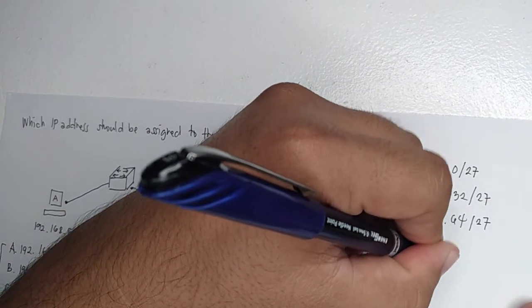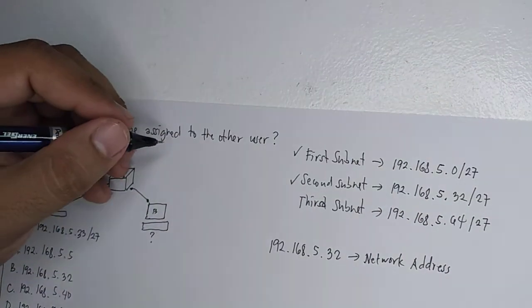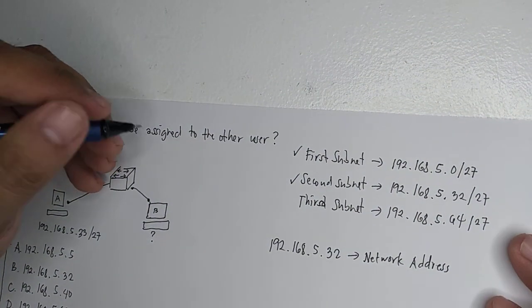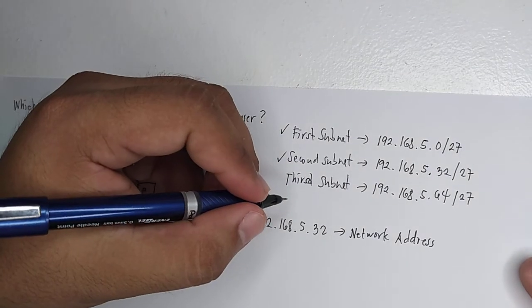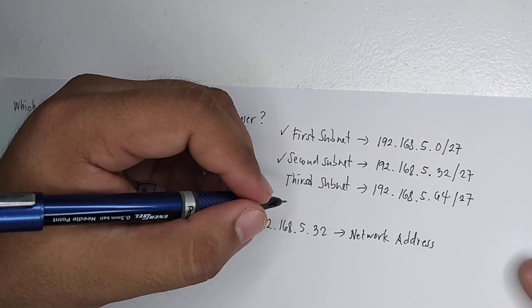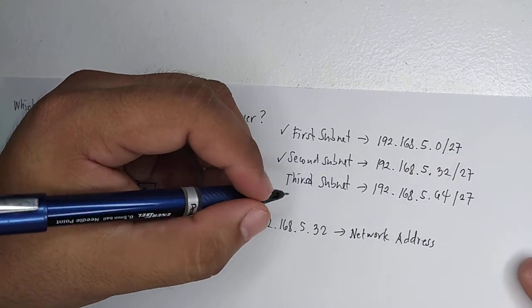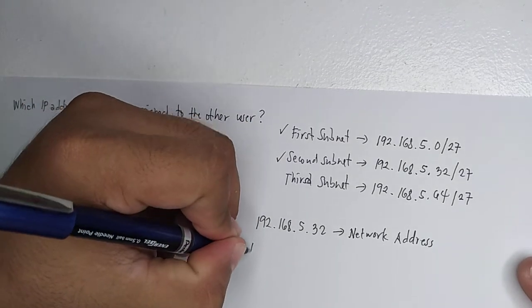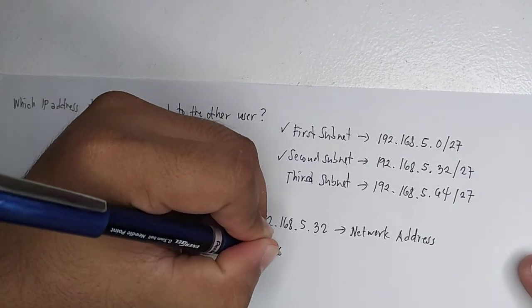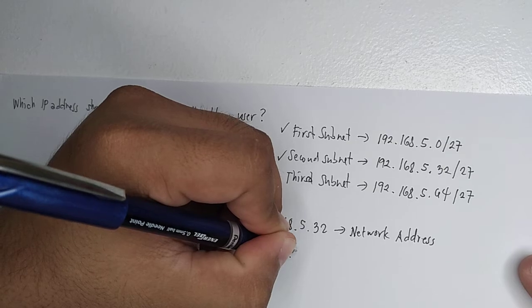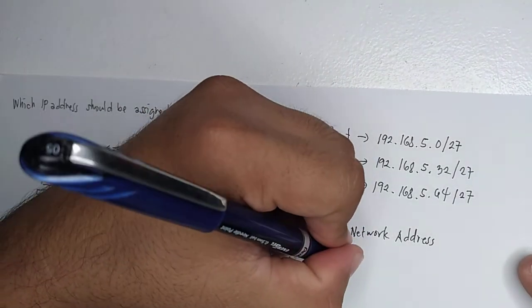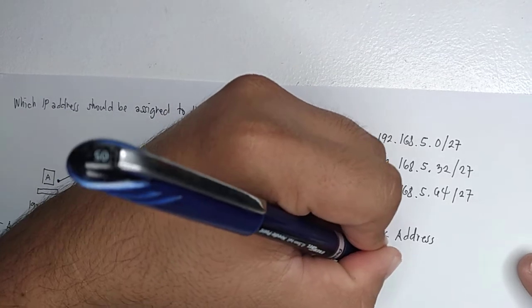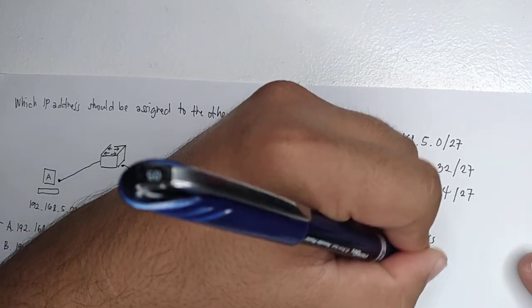We know that the third subnet is at dot 64, so the address one less than that is our broadcast address. So we have 192.168.5.63 as our broadcast address.